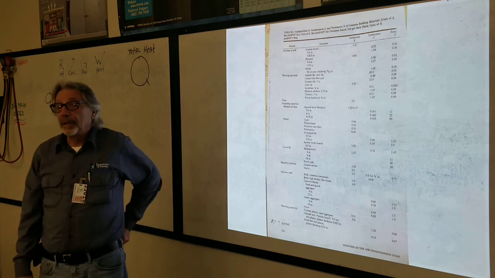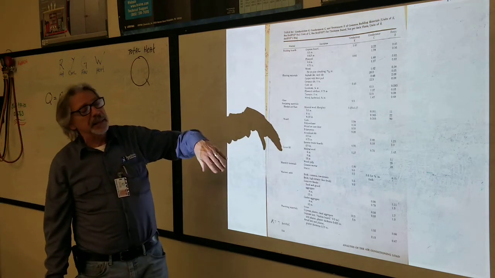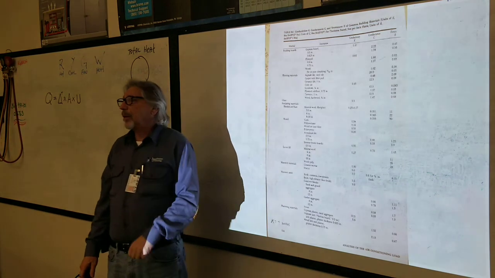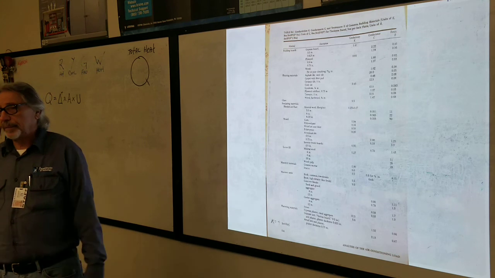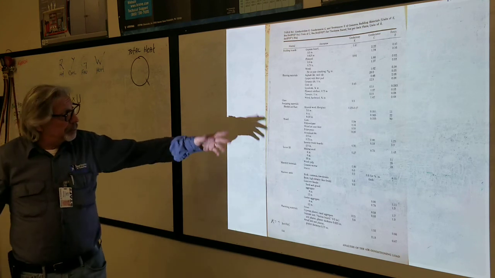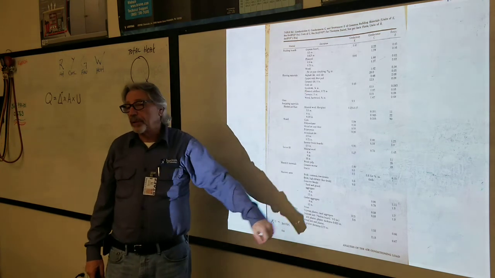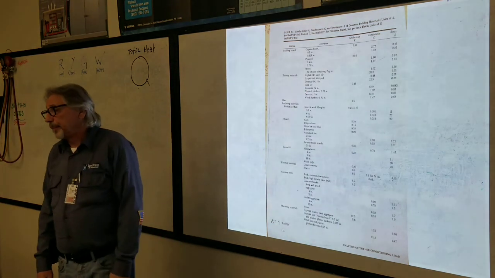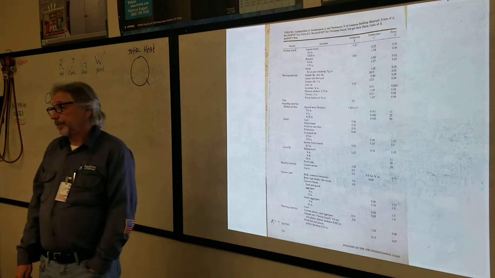It's interesting that the only thing that's actually rated in R values is insulation. You can buy gypsum board or any one of these materials, and it's not going to give you an R rating, a K rating or a C rating.